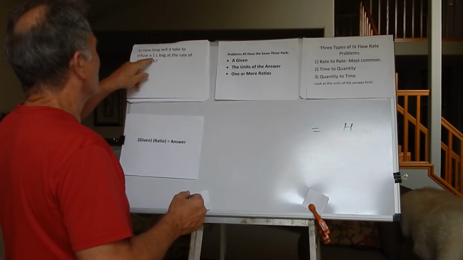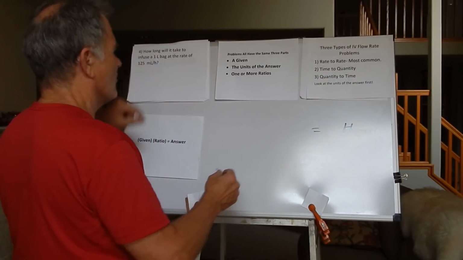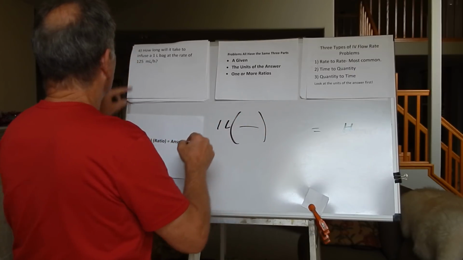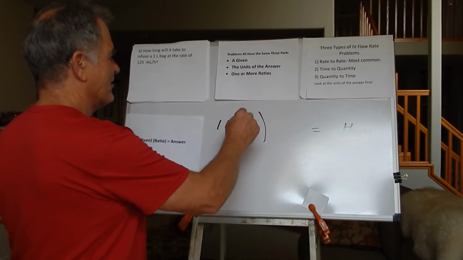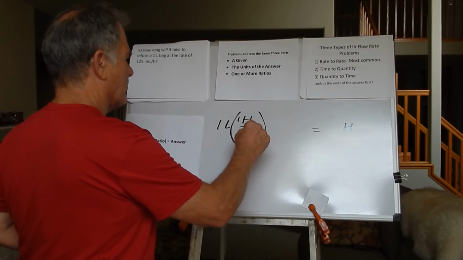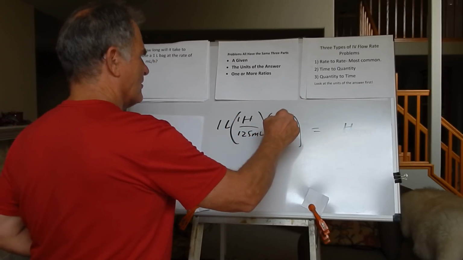And so since you're ending with a time, it has to start with a quantity. So you're going to be using the 1 liter. And then the rate is 125 mLs per hour. You need hour on top and mLs on the bottom. Of course, those don't cancel, but no problem.